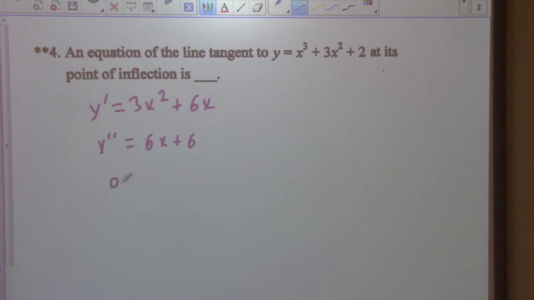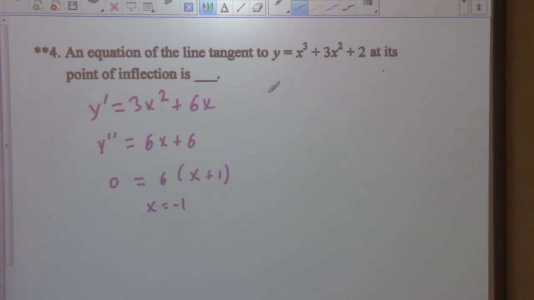And we set that equal to 0. 6 times x plus 1, is that right? So 0 equals x plus 1, so our critical number is x equals negative 1, is that right? Okay, good.